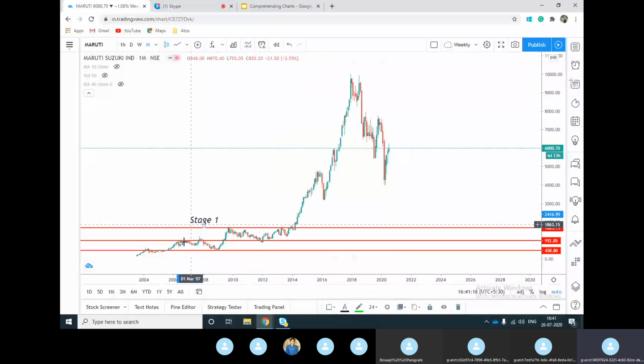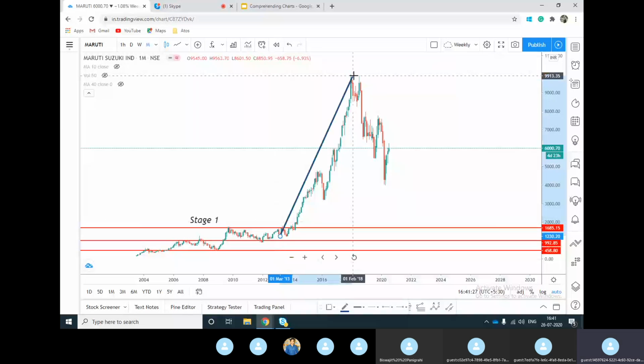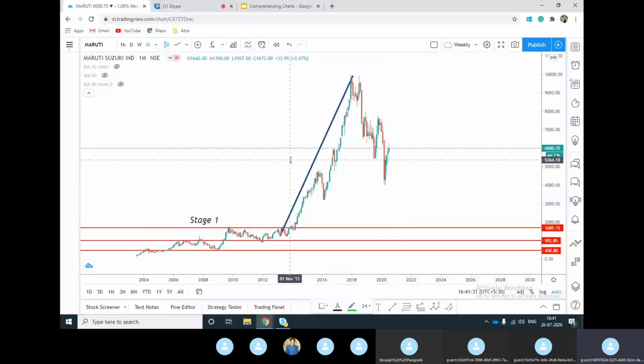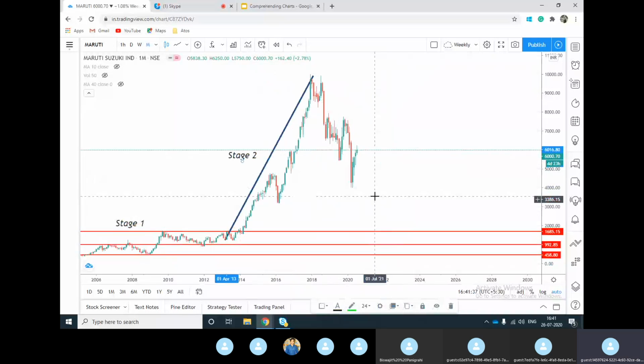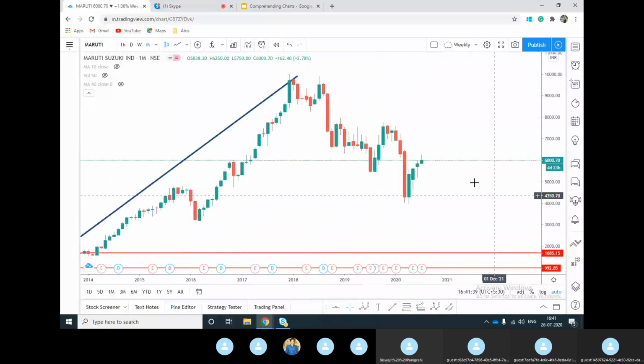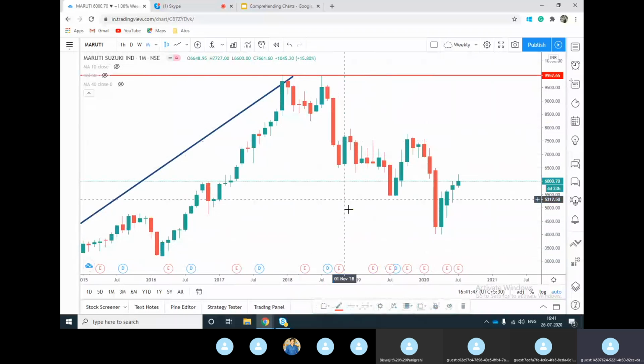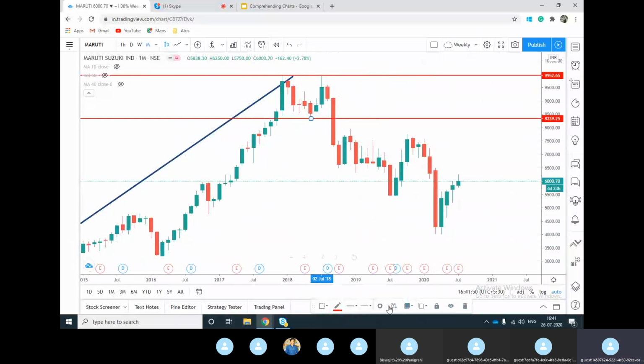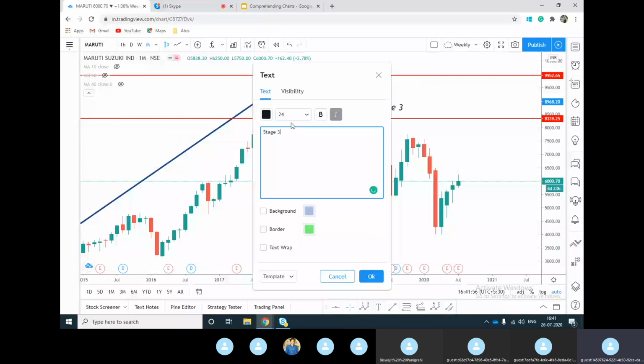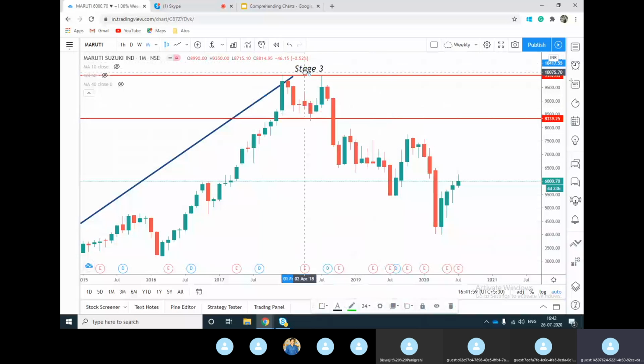What happened next is a big upside here, and we say that this is stage 2. Now what happened here? Do you see a range here? I also see it. So we say this one is stage 3.